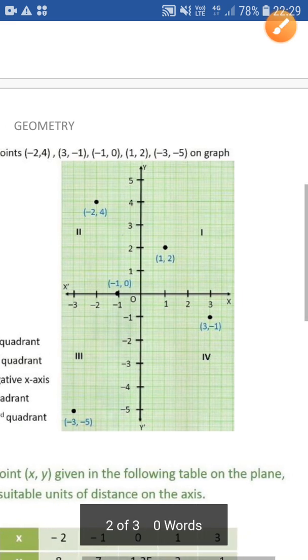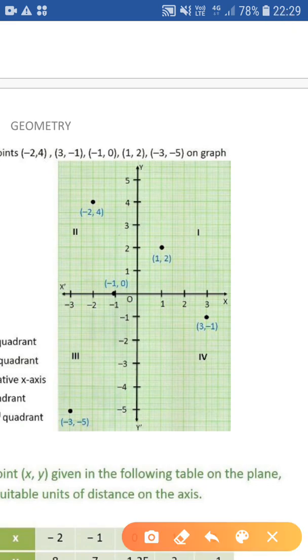The second number tells us whether to move up or down. Because this second number, -1, is negative, we have to move 1 unit down. So we move here 1 unit down, and here we reach this point. So it is (3, -1). Similarly, you can plot the other points.